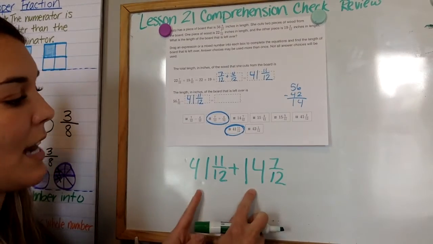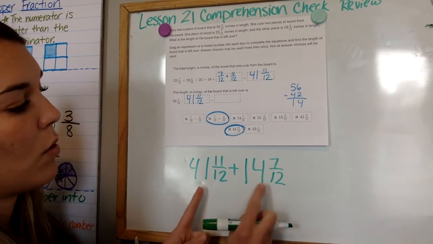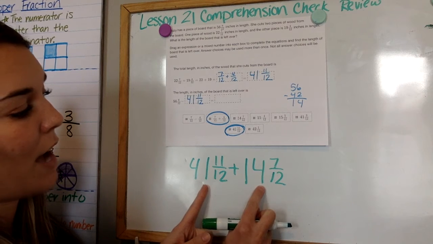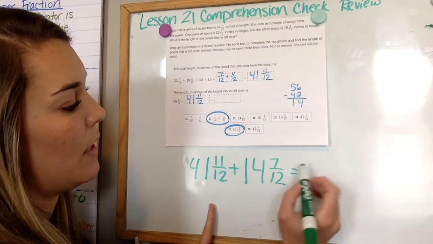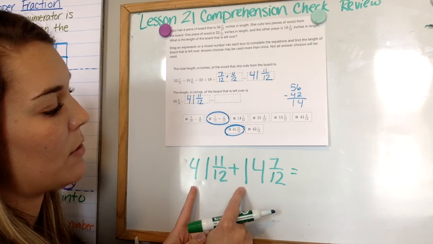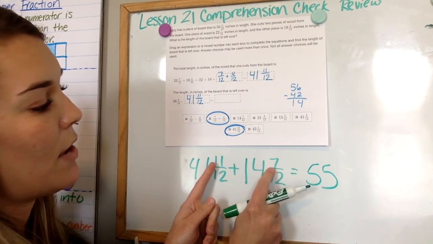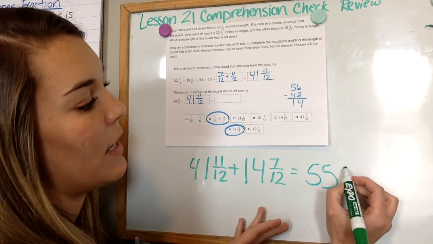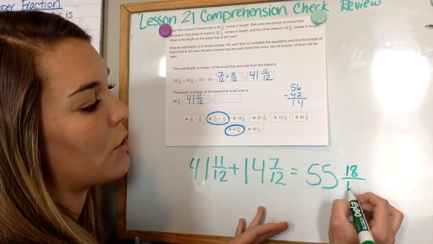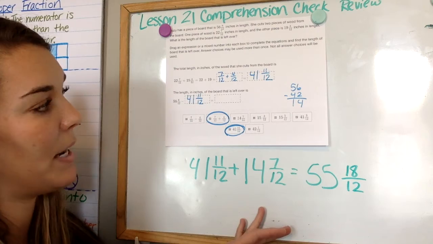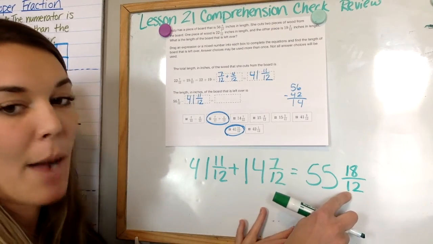So now here, I can add these up. So 4 plus 1 is 5, and 1 plus 4 is 5, so it's going to be 55, and then I'm going to add my fractions. 11 plus 7 is 18 over 12. But this is an improper fraction, right?